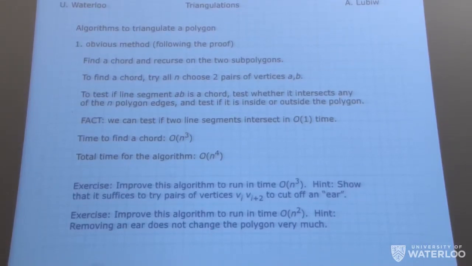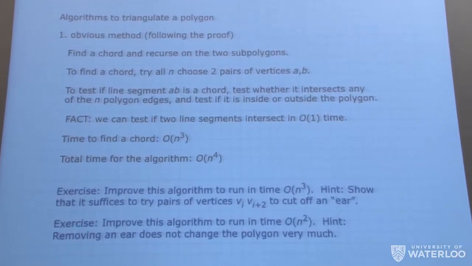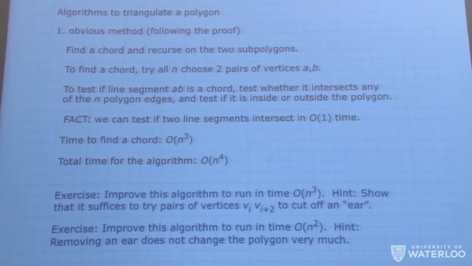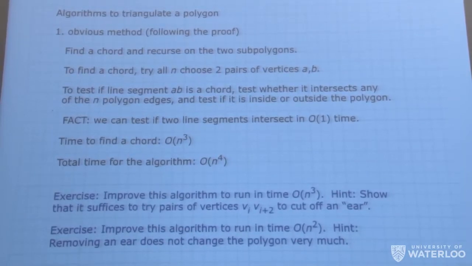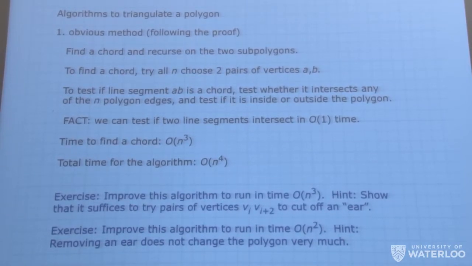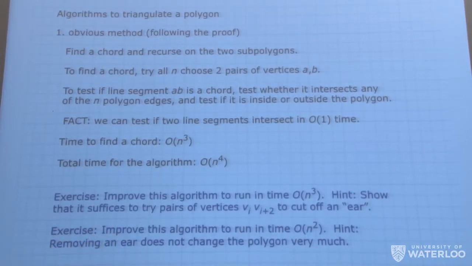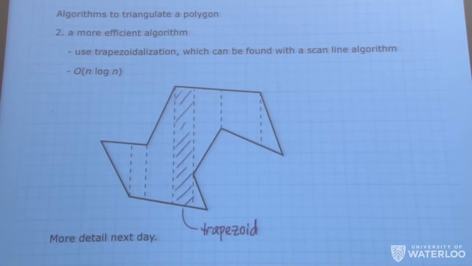So this proof that we gave does give us an algorithm. It was a very algorithmic method, right? Find a chord and then recurse. And an obvious implementation of that will take order n to the 4th. And here on this slide, I have exercises that invite you to improve that. And again, I think I will skip those details.